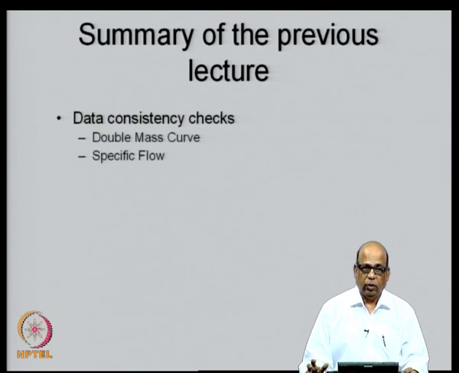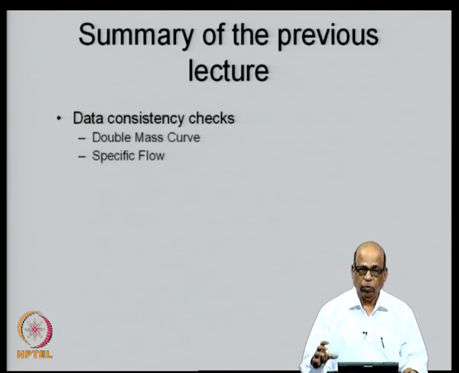So, the double mass curve, if you recall, is the curve between the accumulated flows at all the gauges, typically upstream of the specific gauge at which you are checking the consistency of the data, with respect to the accumulated flows at the candidate gauge itself.